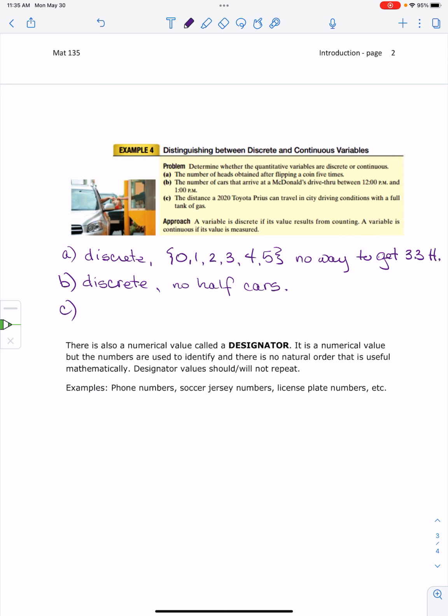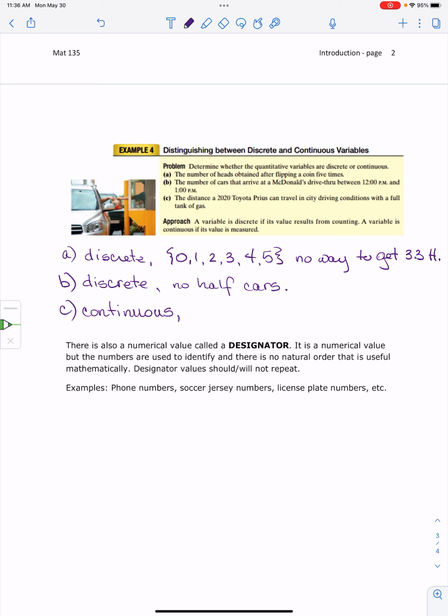C, the distance a 2020 Toyota Prius can travel in city driving conditions with a full tank of gas. This one's going to be continuous. This Prius could travel 480 miles on a tank of gas, 481.2 miles. There is no way to tell exactly how many miles this is going to have.